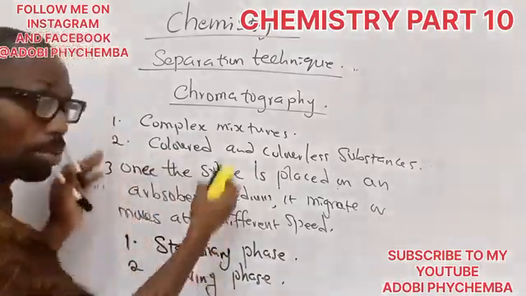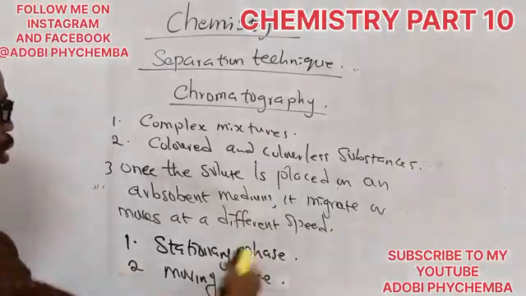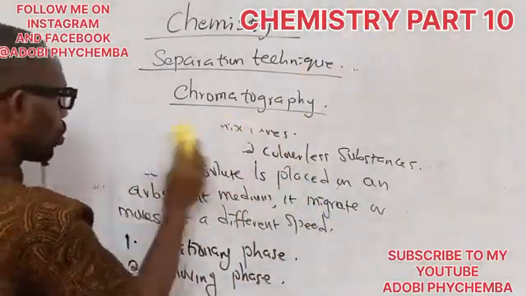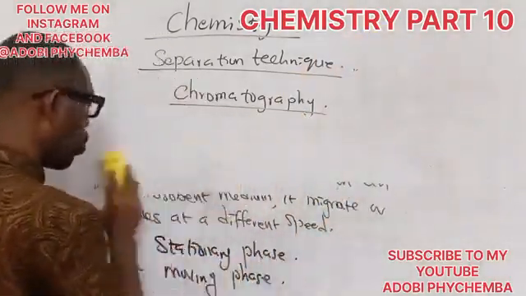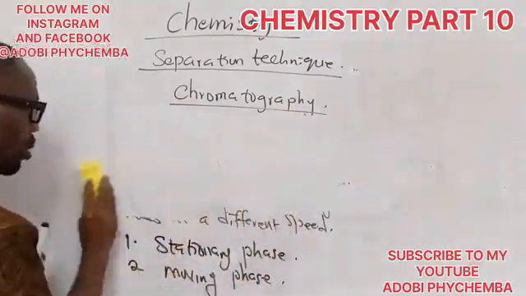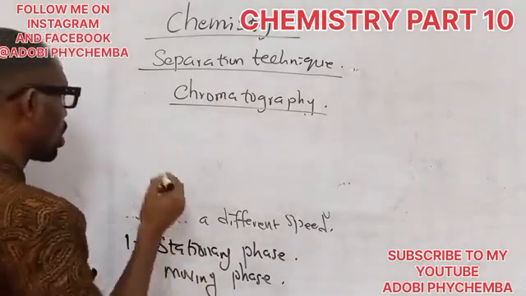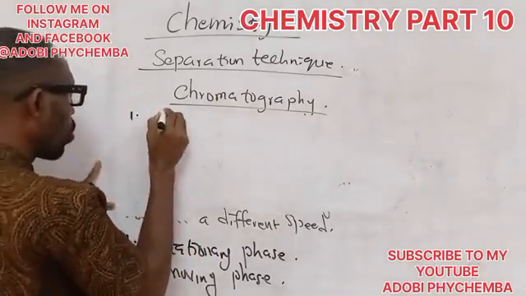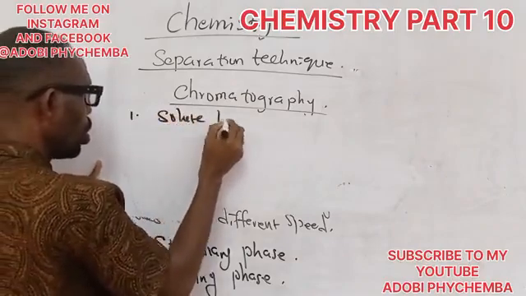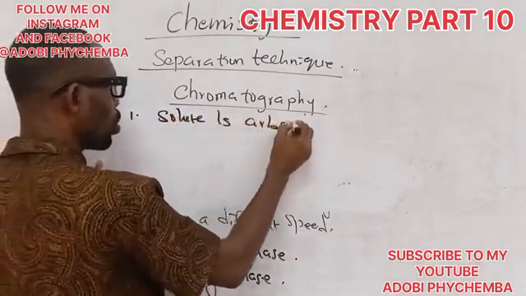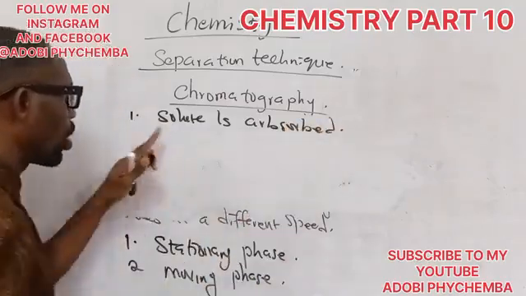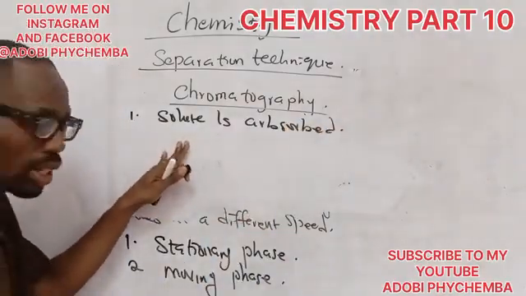I'm going to clean this out because I want you to see, so I don't want to go below or far away. You can watch the video over and over to get what I'm writing. So the stationary phase is the phase in which the solute is absorbed. Is that clear?